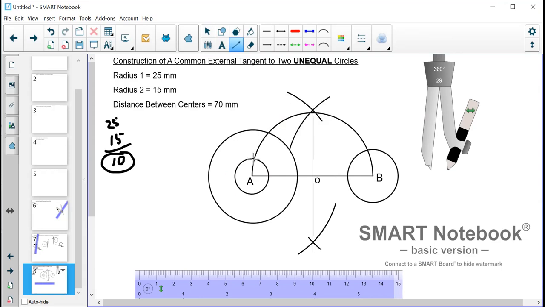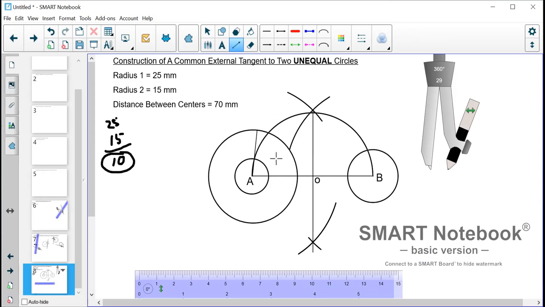At that point, we draw the normal from A through that point of intersection all the way up to the outer semicircle.